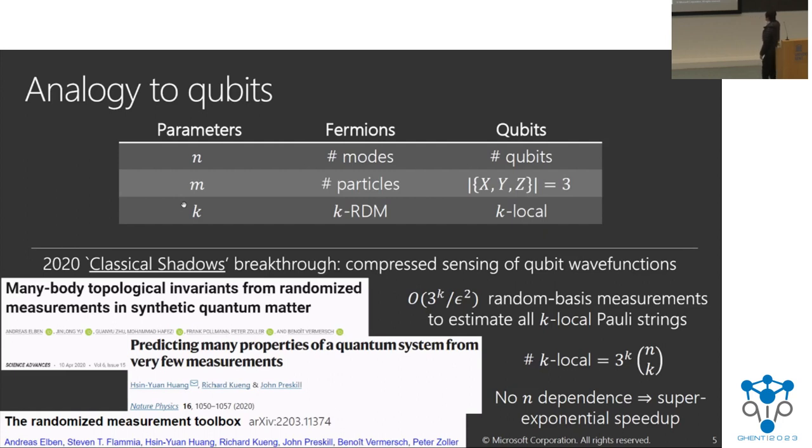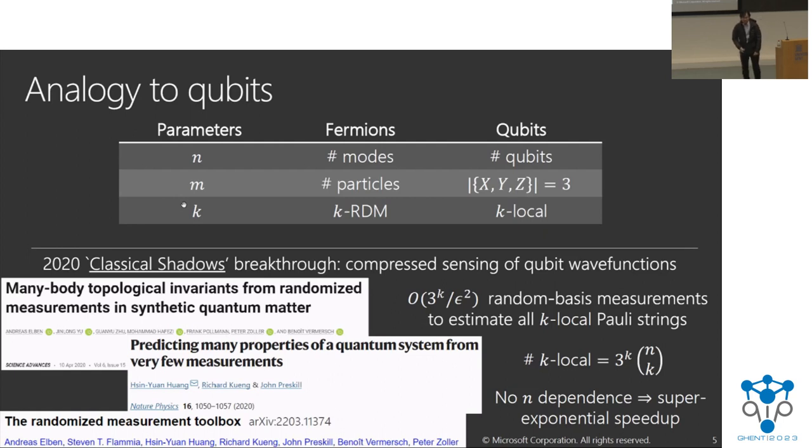But it turns out that if you were to do local random basis measurements on these qubits, the number of measurements you need to characterize any k-local Pauli operator, that number of samples of your quantum state, doesn't scale with the size of your system n, it only scales with the locality of your operator. This is a super exponential speedup with respect to the size of your system.